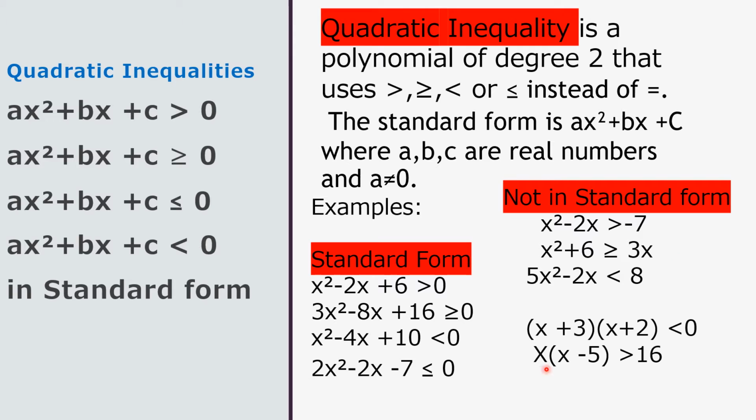I have another one here: x times the quantity x minus 5 greater than 16. So here, x times x, that is also x squared. And the inequality sign here. Okay, so that's how you determine if it's a quadratic inequality or not.